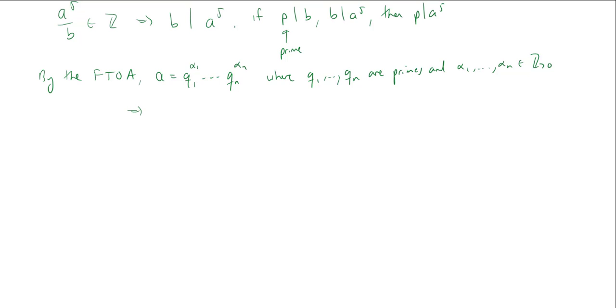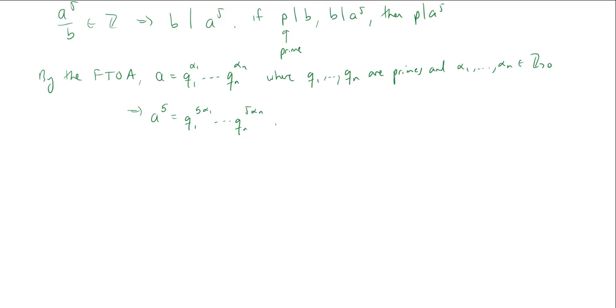So now a to the fifth is equal to q1 to the 5 alpha 1 through qn to the 5 alpha n, since you have to raise everything to the fifth power. And again, by the uniqueness part of the fundamental theorem of arithmetic, these are the only primes, q1 through qn, that can occur in the prime factorization of a to the fifth. But these are the exact same primes that occur in the prime factorization of a.